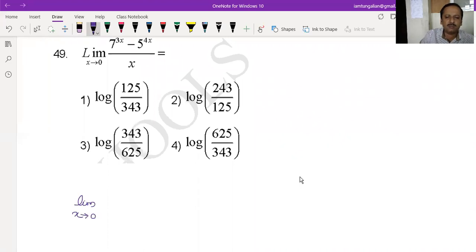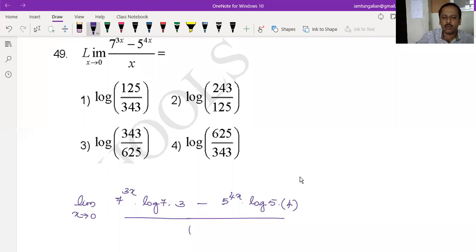Derivative of 7 power 3x is 7 power 3x into log 7 into 3, minus the derivative of 5 power 4x, which is 5 power 4x into log 5 into 4, divided by derivative of x, that is 1.